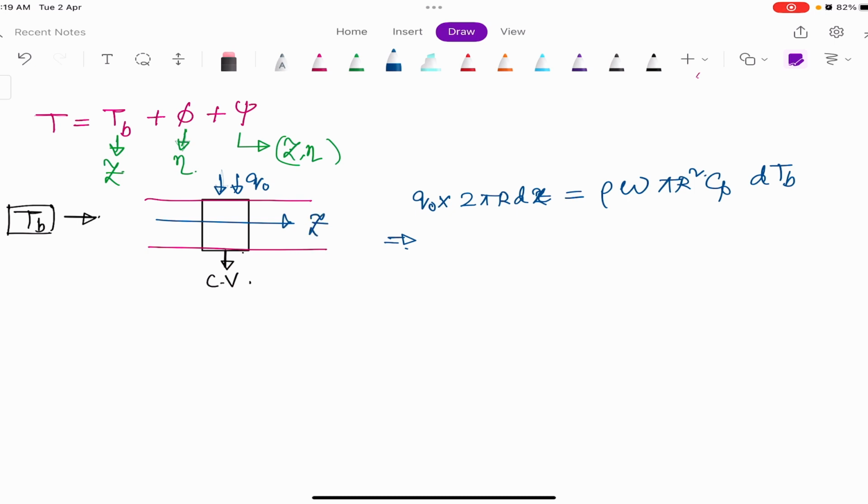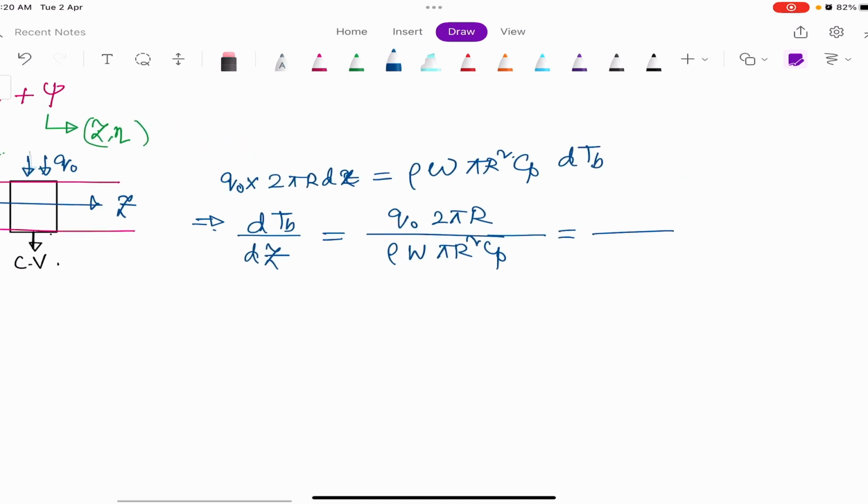So we can clearly find dTb dz is equal to q naught 2 pi r by rho w pi r square Cp, and that becomes 2 q naught by rho w r Cp.